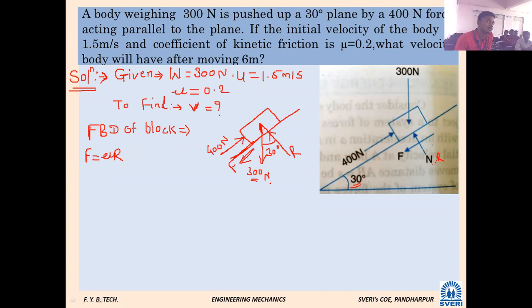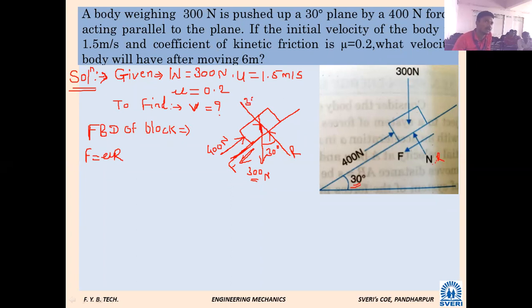Its component one will be in this direction and one in this direction. Who tells me the x component of this? Along this angle, it makes the angle with the normal reaction.